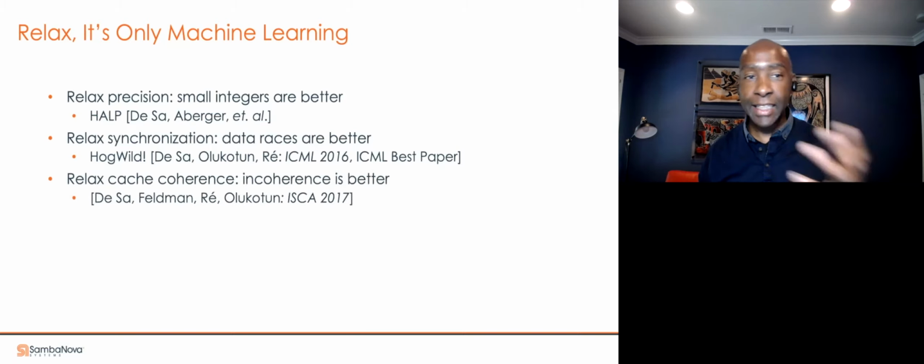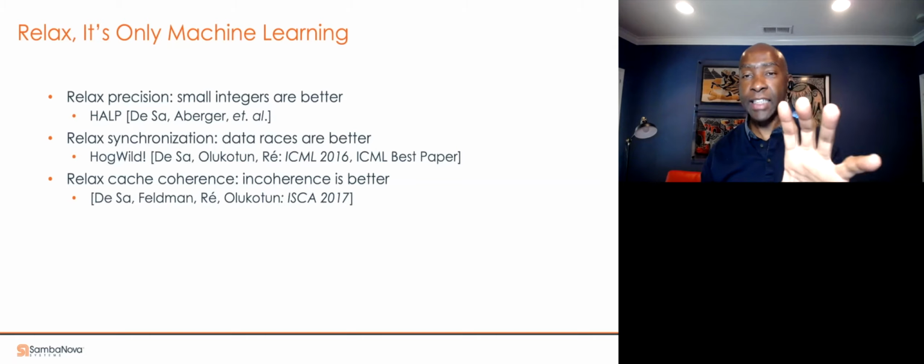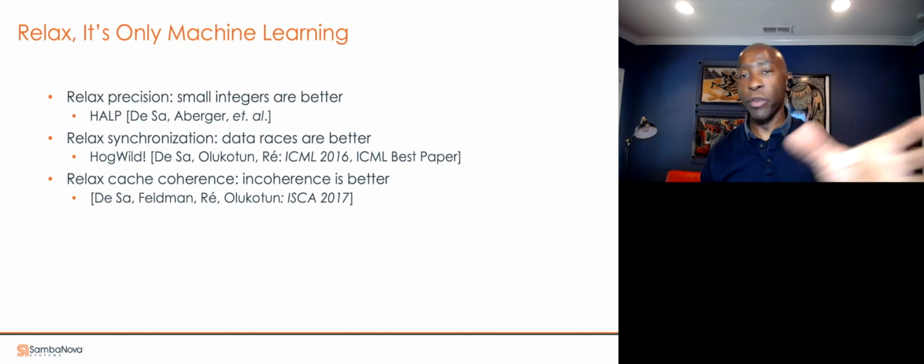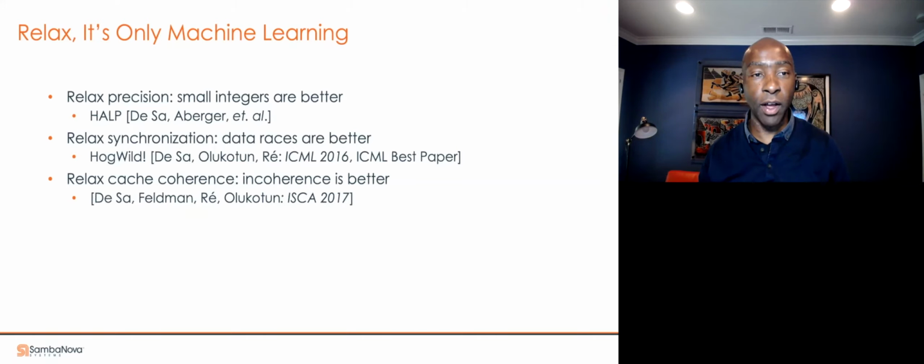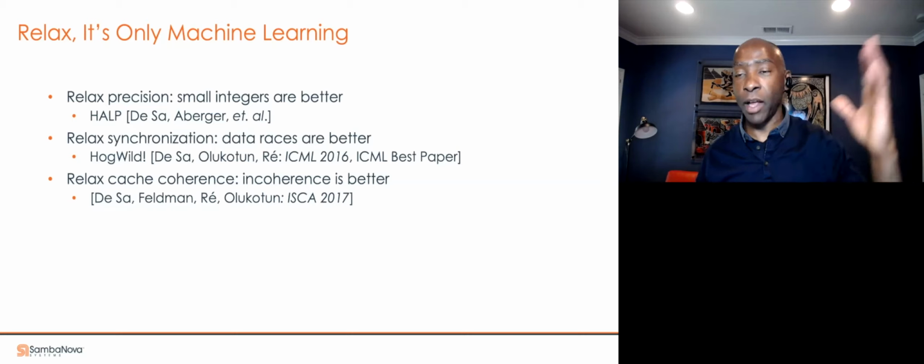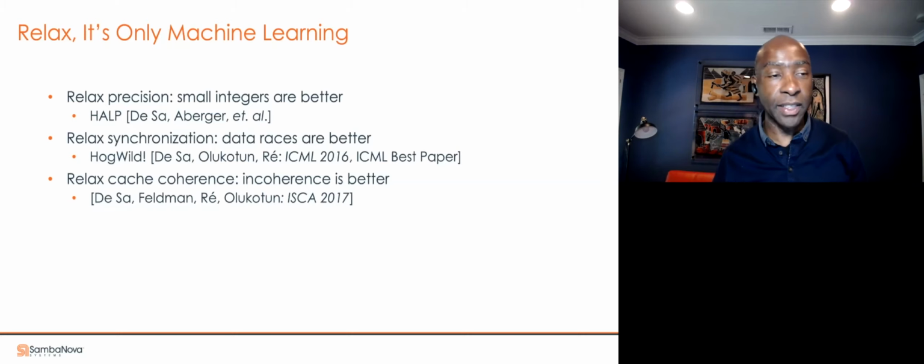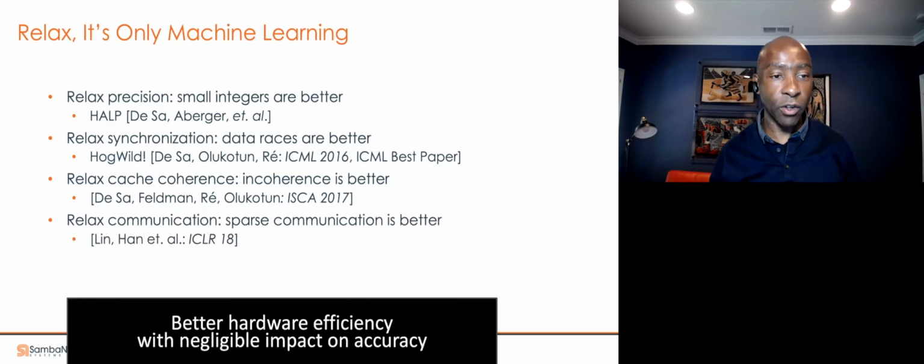We've looked at relaxing cache coherence, right? Again, stochastic gradient descent is a stochastic algorithm, and you don't need coherence working all the time. You could have it drop a large percentage of the coherence messages and still get the right result.